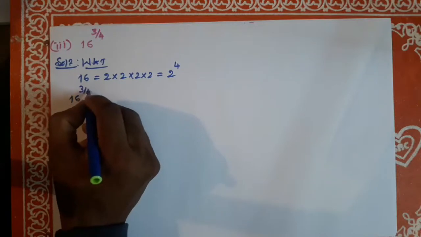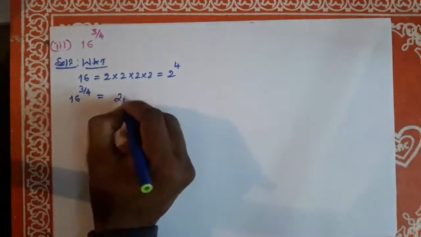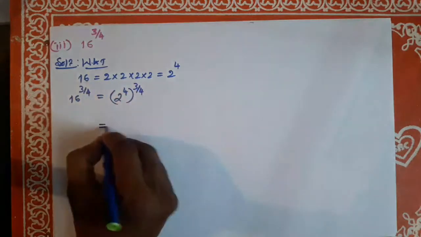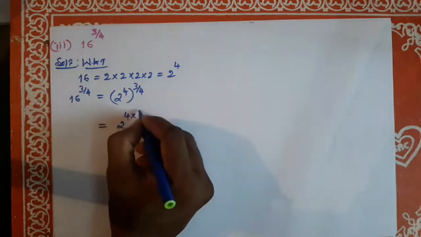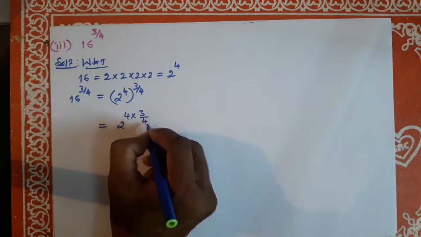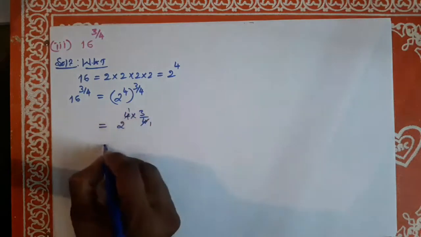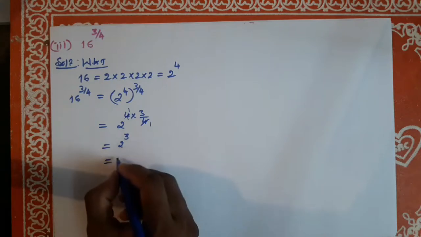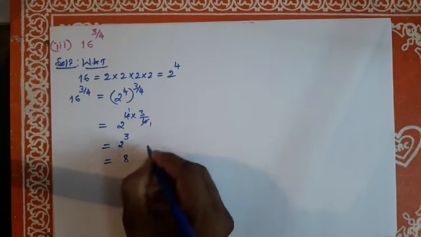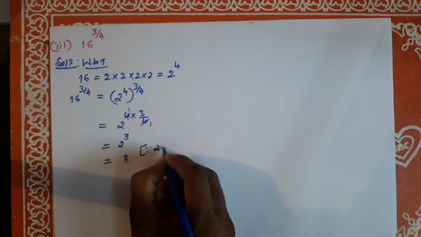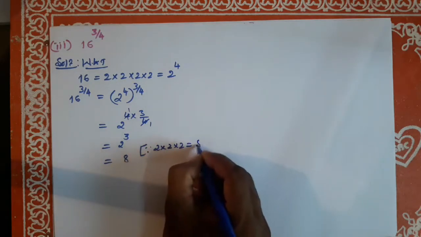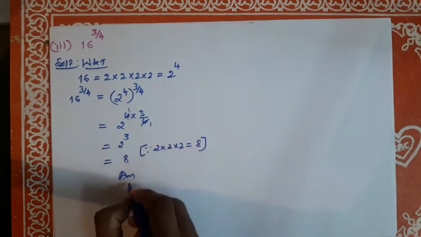So 16 to the power of 3 by 4 can be written as 2 to the power of 4 whole to the power of 3 by 4, which is equal to 2 to the power of 4 into 3 by 4. 4 ones are 4, so it is equal to 2 to the power of 3. 2 to the power of 3 is nothing but 8, because 2 into 2 into 2 is 2 twos are 4, 4 twos are 8. This is the answer.